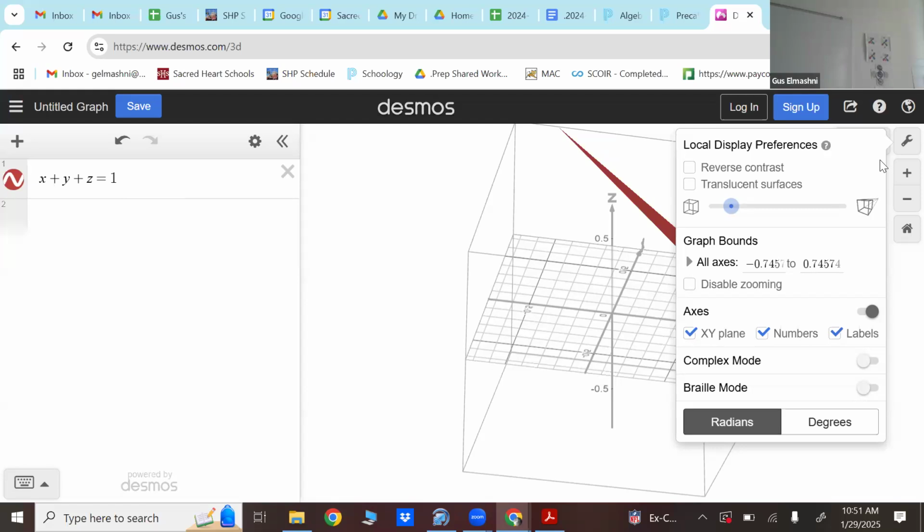Are you sure yours is a triangle? The axes are different.